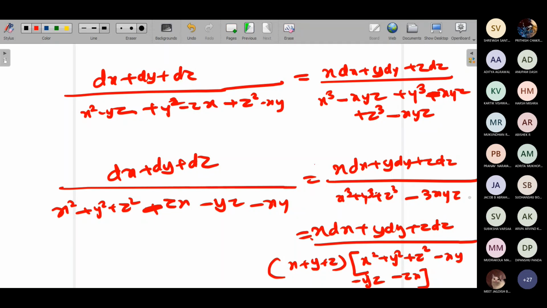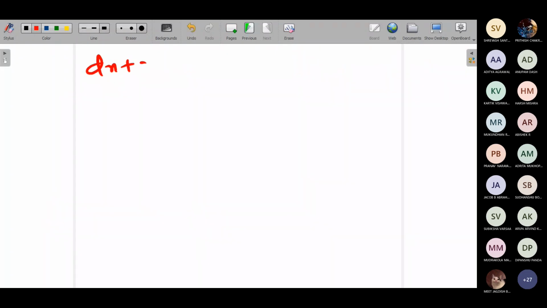So x plus y plus z the whole square will give you a square plus b square plus c square plus 2ab plus 2bc plus 2ca. In that case, on the left hand side, I have x square plus y square plus z square minus zx minus yz minus xy, so this term and this term will get cancelled. So I will get dx plus dy plus dz by 1.